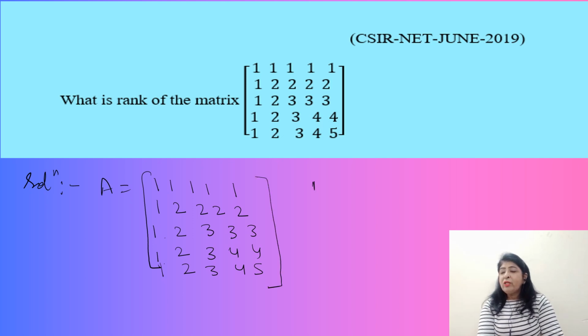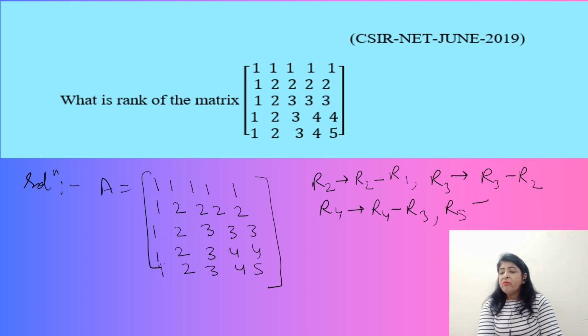So we apply the operations R2 minus R1, R3 minus R2, R4 minus R3, R5 minus R4. So what does it become?